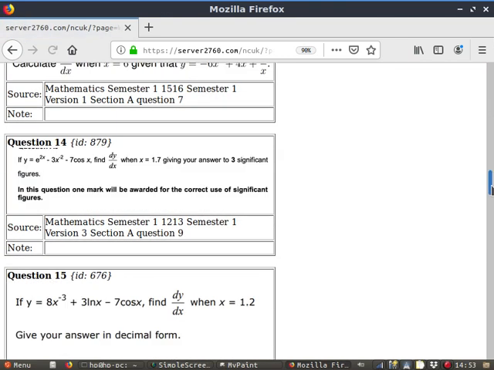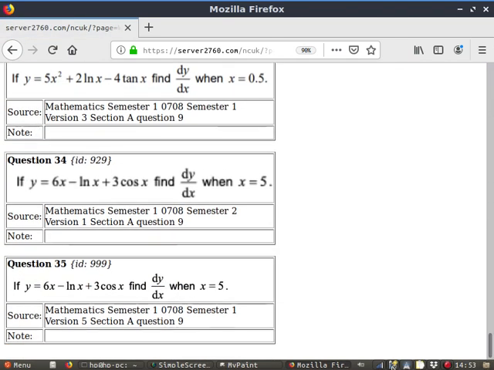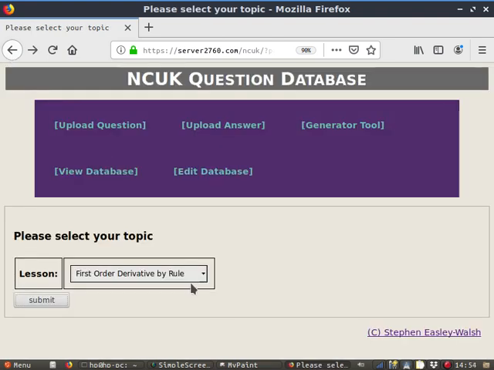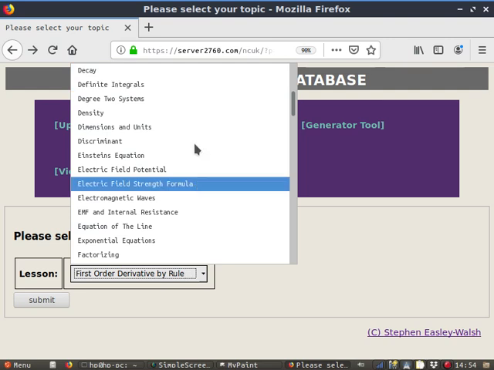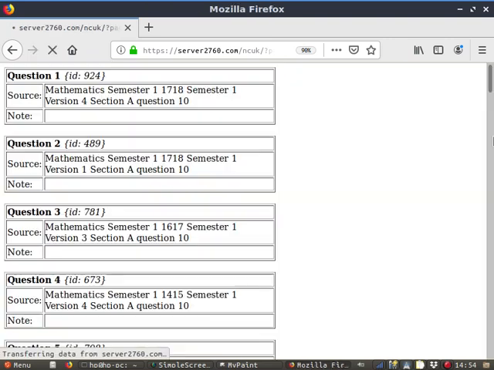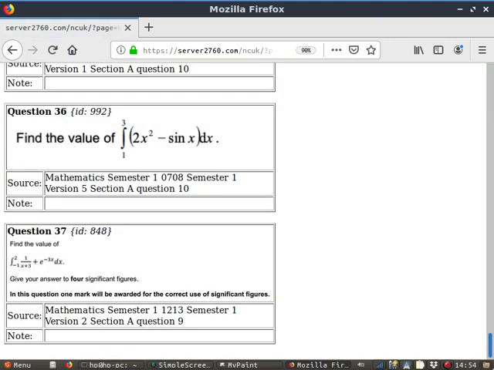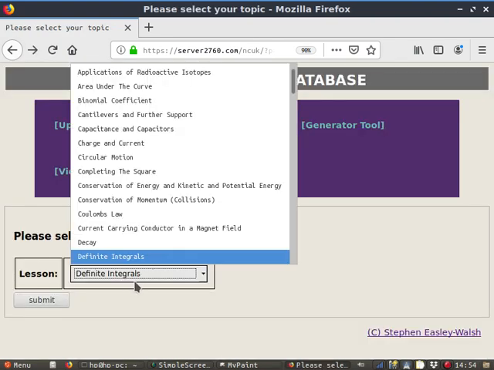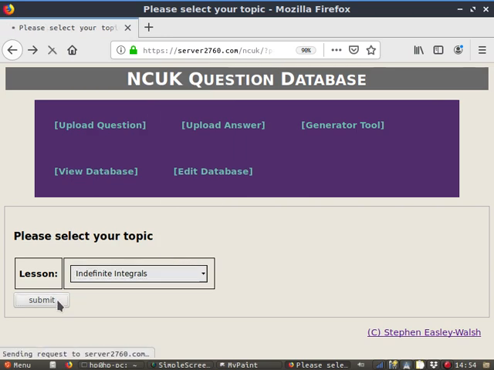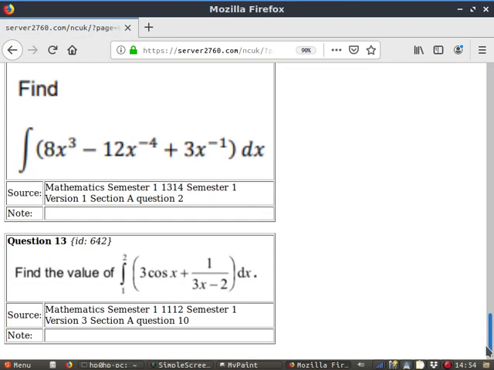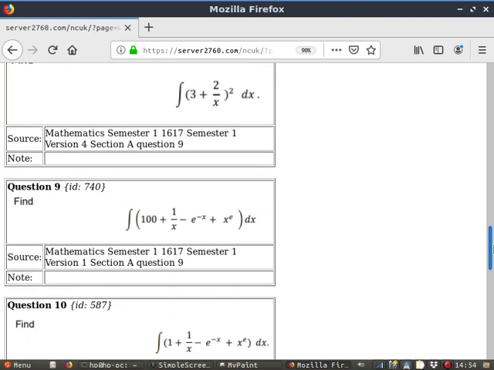So how many questions do you have to practice? 35. You should be an expert by then. And definite integrals: 37. And then lastly, indefinite integrals: 13. Oh, naughty, naughty. You're in the wrong group. 642. Everybody else is okay.